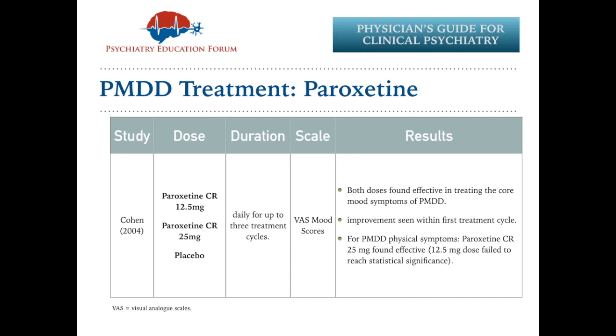You will notice how lower doses for both fluoxetine and paroxetine failed to show statistical significance for physical symptoms of PMDD, like 10 milligram of fluoxetine and 12.5 of paroxetine CR, not significant for physical symptoms, whereas 25 milligram of paroxetine CR and 20 milligram of fluoxetine were effective significantly for physical symptoms of PMDD.